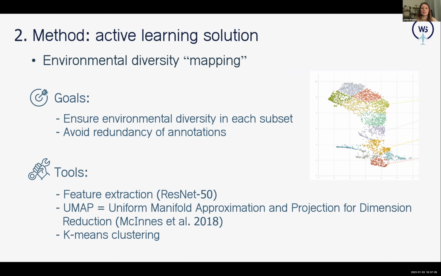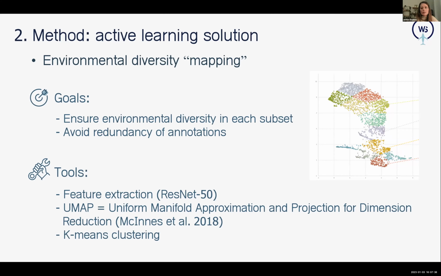The second step is the environmental diversity mapping. This step ensures that the environmental diversity is well represented in the different training, validation, and test subsets. It also avoids redundancy of the images selected for annotation. To do this, we use a dimension reduction tool, UMAP, to obtain a representation like this one. On this graph, each point represents an image.